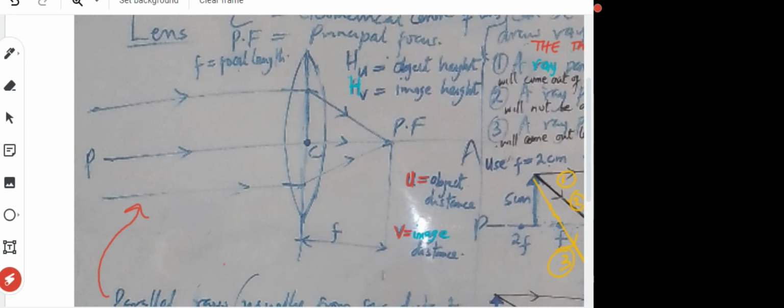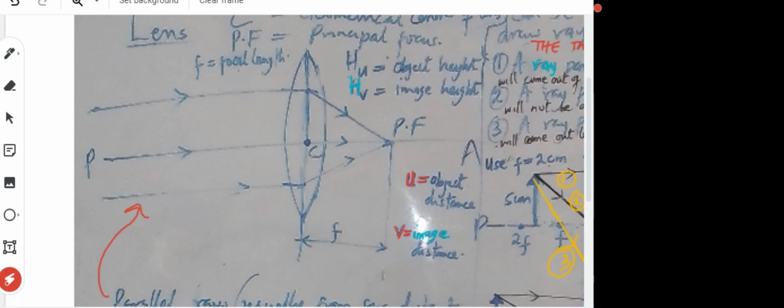You force them to run parallel, maybe using certain other materials, maybe a mirror placed side by side. But for far distant objects like stars, the sun, once the rays are coming from there, they already come parallel. In fact, that is what is going to help us to carry out this experiment, to confirm the focal length of this lens. We're going to do that now.